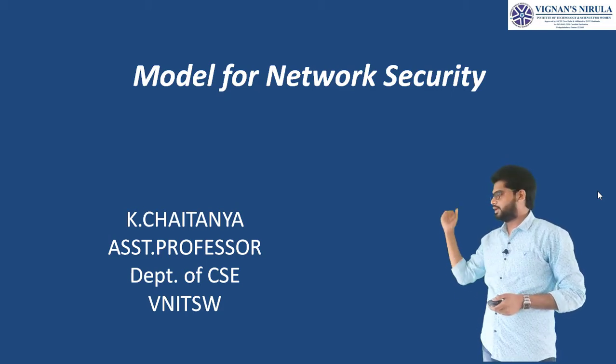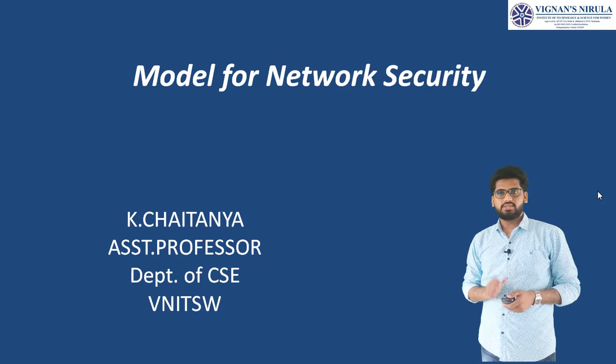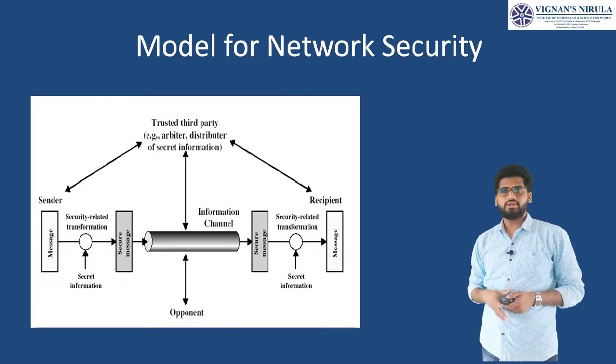Coming to the diagram, in this diagram there are different types of entities. First, there are the sender side and the receiver side. On the sender side we have the sender user, and on the receiver side we have the receiver user. The main aim here is to transfer the data in a secure manner from the source network to the destination network.